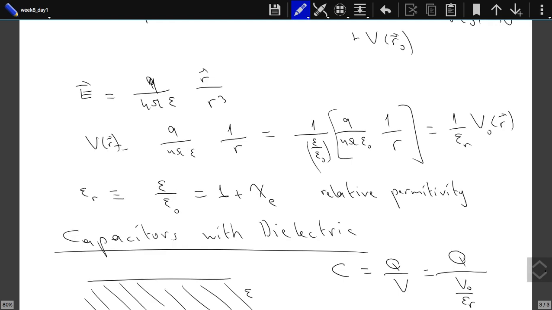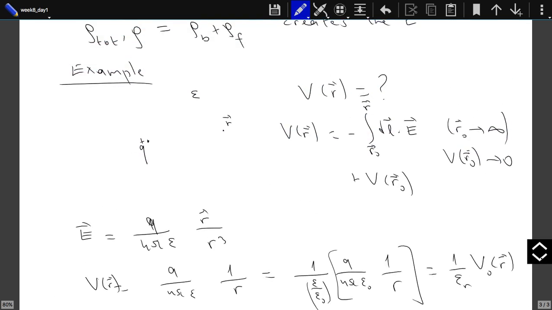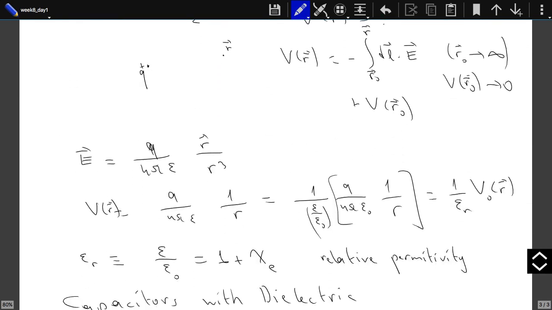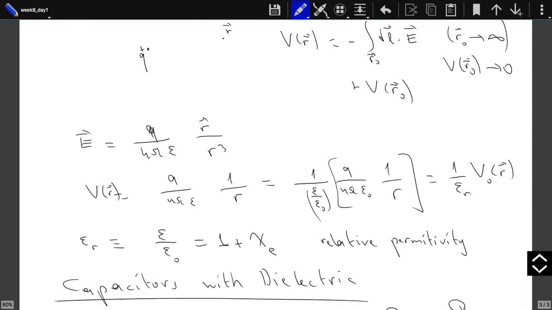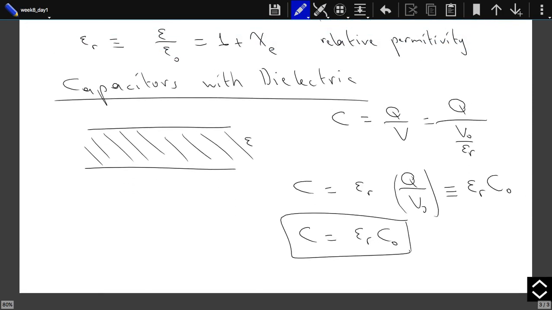What is this conclusion? I mean, here I obtained the result for what kind of a system? An unbounded, infinite, homogeneous system. Well, here it's still unbounded, but it's not homogeneous.